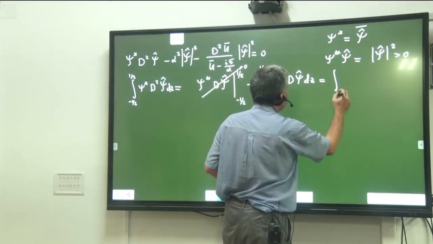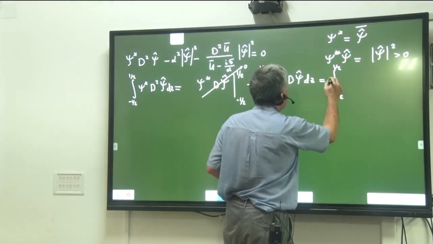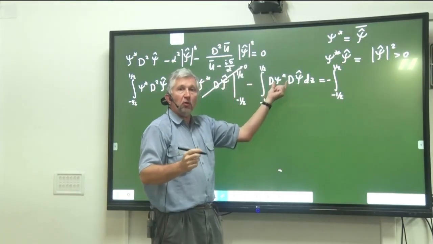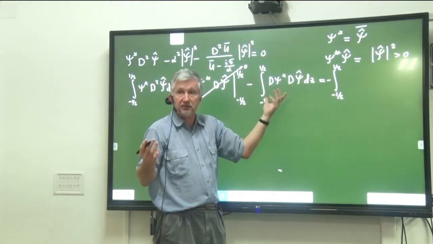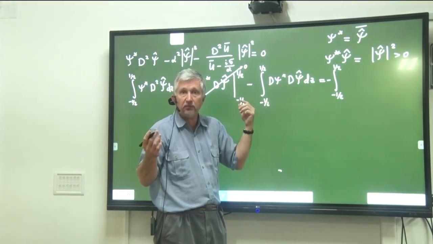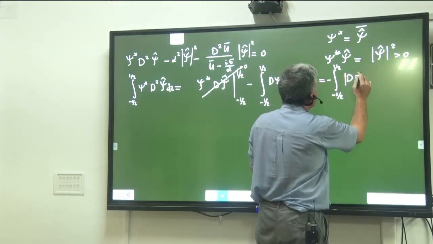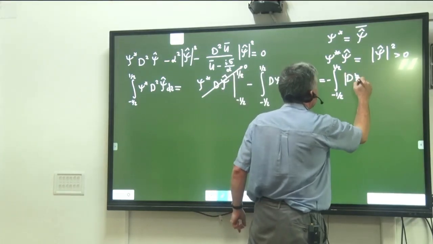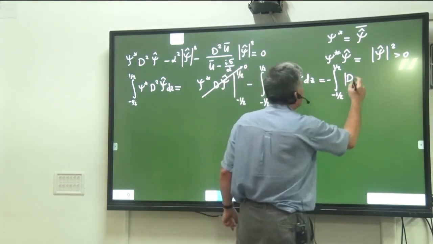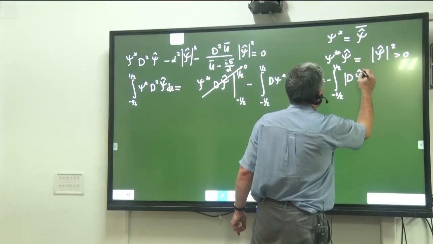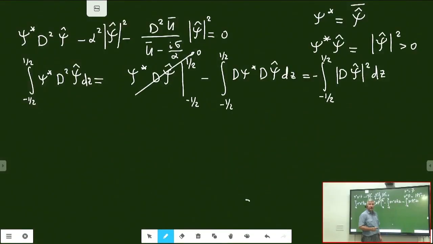This is 0. And what about this one? So we cannot get rid of the integral. But it is the complex conjugate of a function multiplied by a function. Doesn't matter that these are actually derivative functions, these are the same functions. So one is the complex conjugate of the other. Agree?